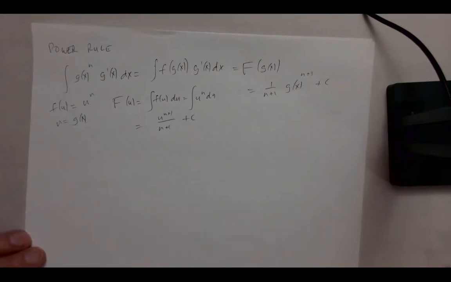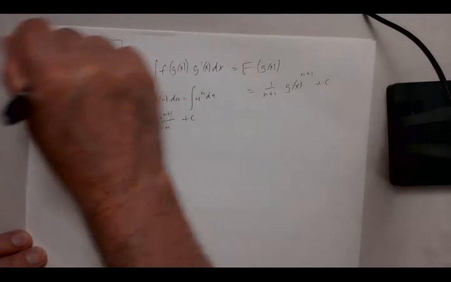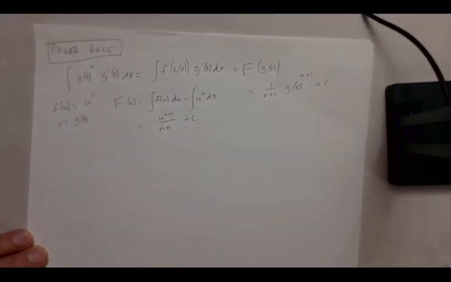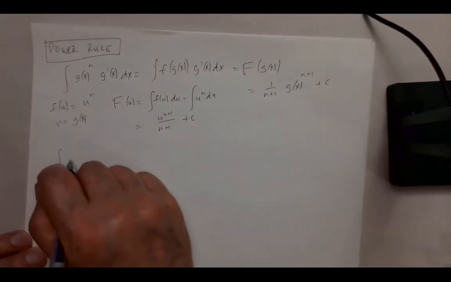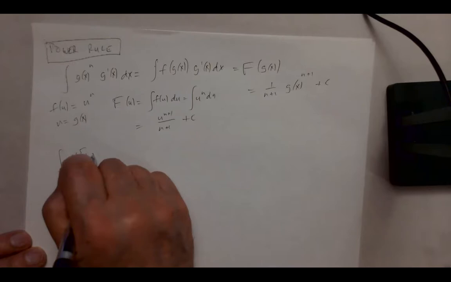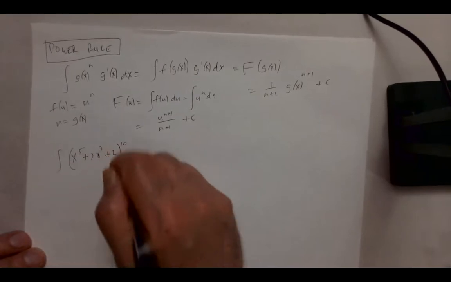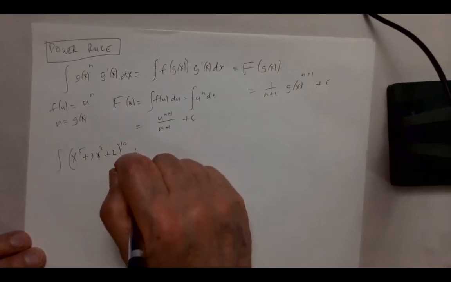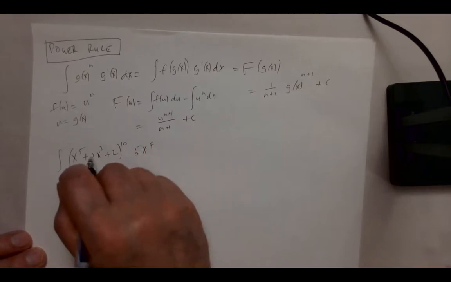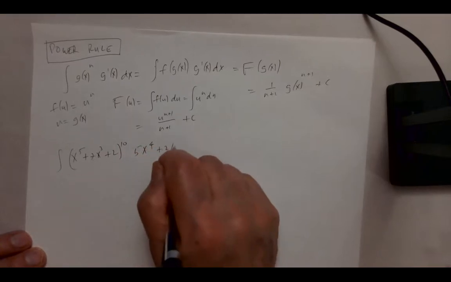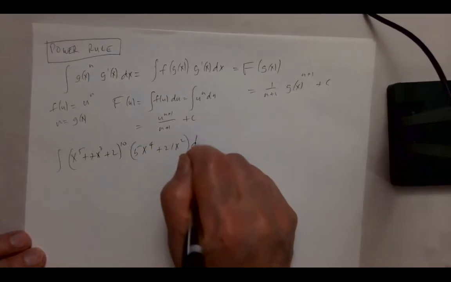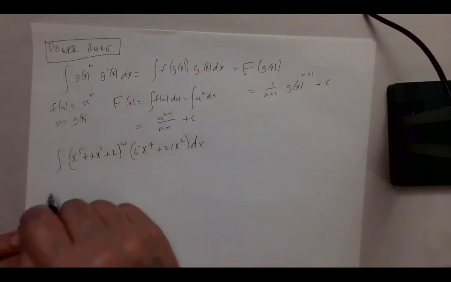So a lot of the examples we've seen previously are special cases of this power rule. For example, if we had the integral of (x to the 5th plus 7x cubed plus 2) to the 10th power times (5x to the 4th plus 21x squared) dx.